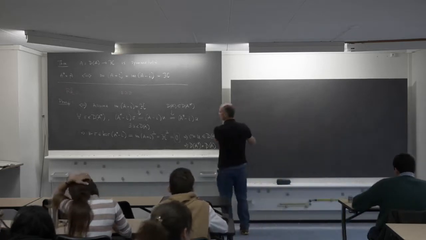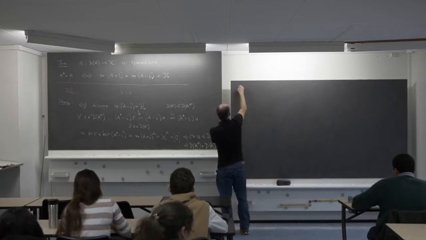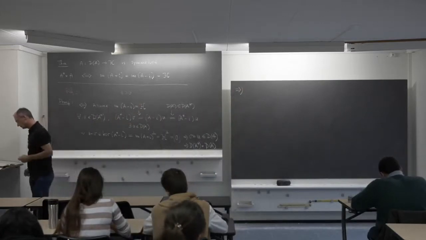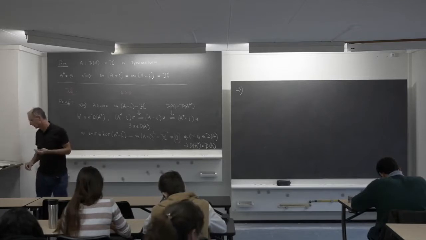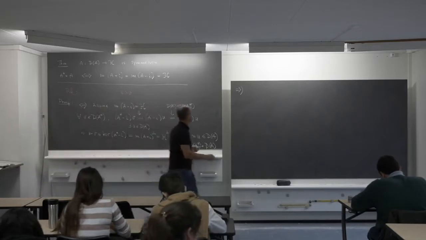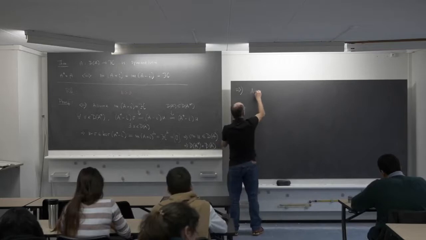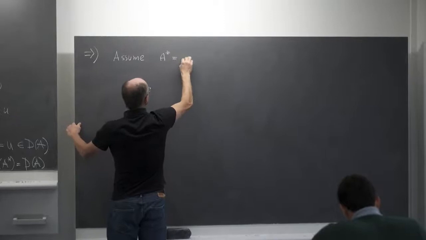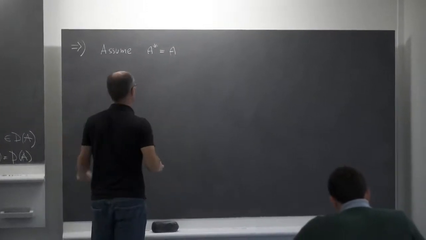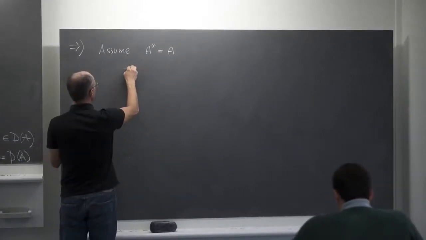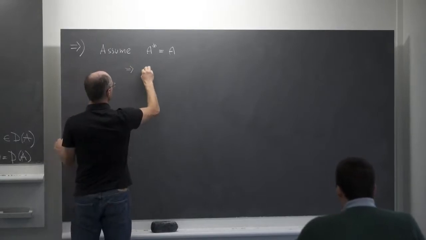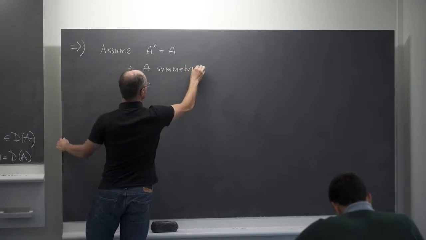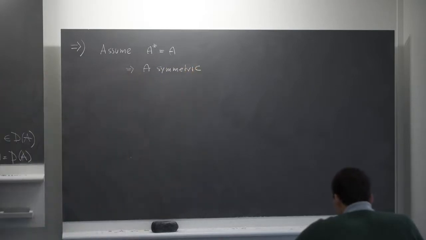Well, now what about going in the other direction? So now we assume that A star is equal to A, right? This implies, of course, that A is symmetric.